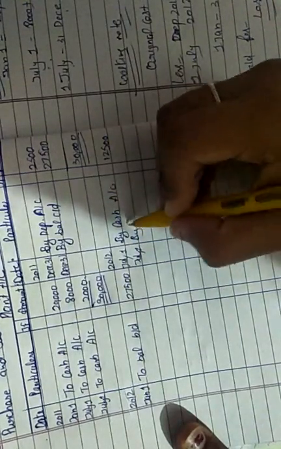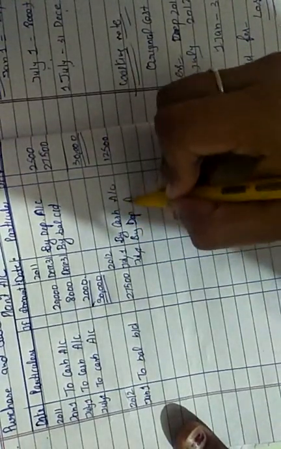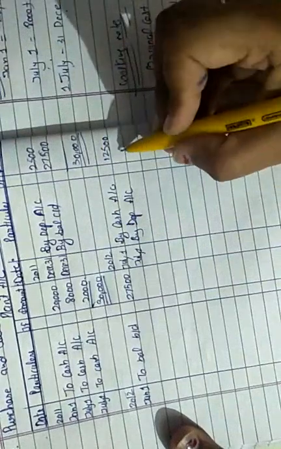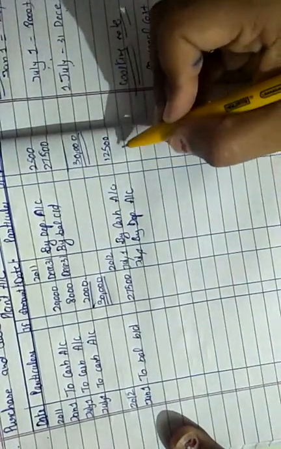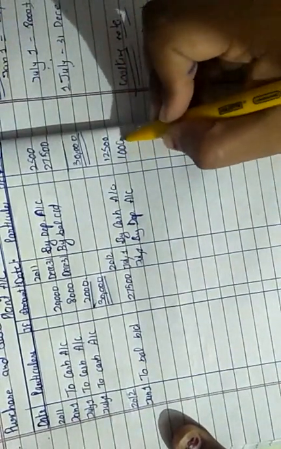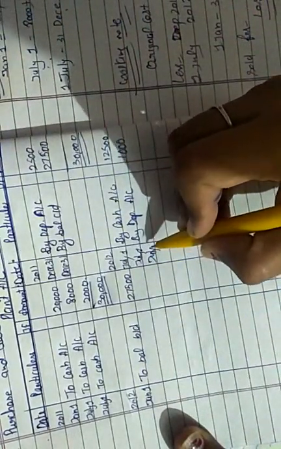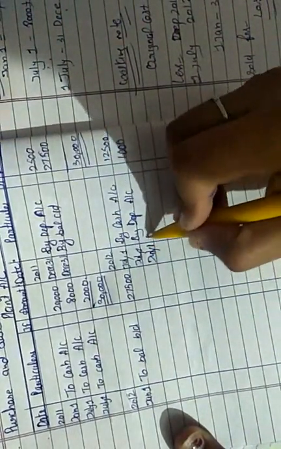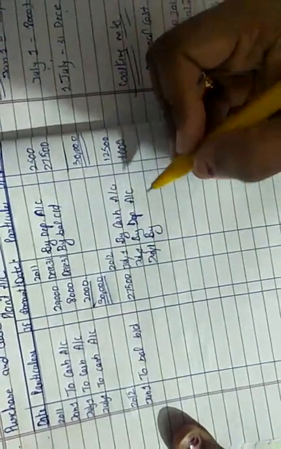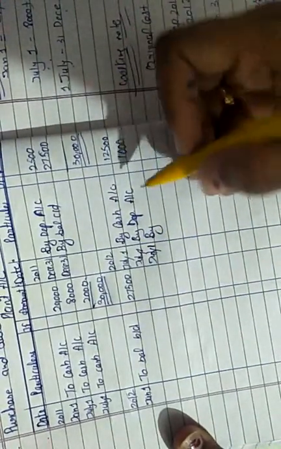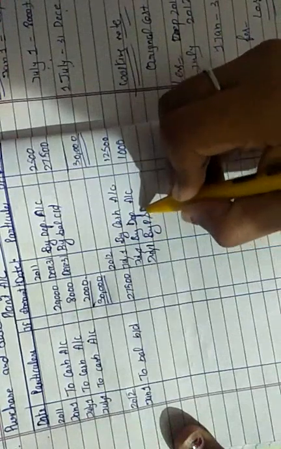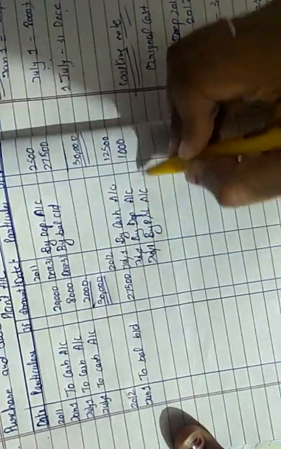Now on July 1st depreciation is also provided. So we write here depreciation. We provide depreciation only on this asset. So depreciation is 1,000. After providing depreciation, this asset is sold. So when this asset is sold, we also write the loss here by P&L account, profit and loss account.